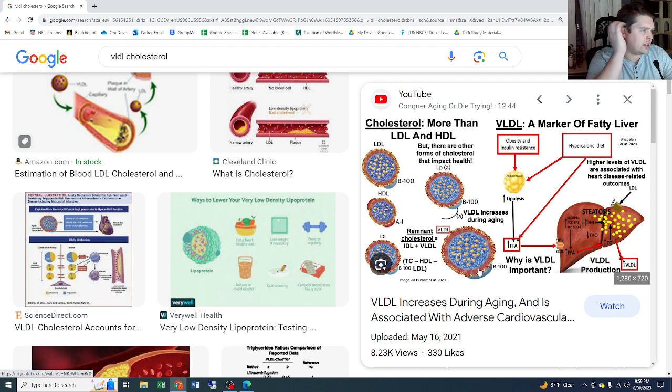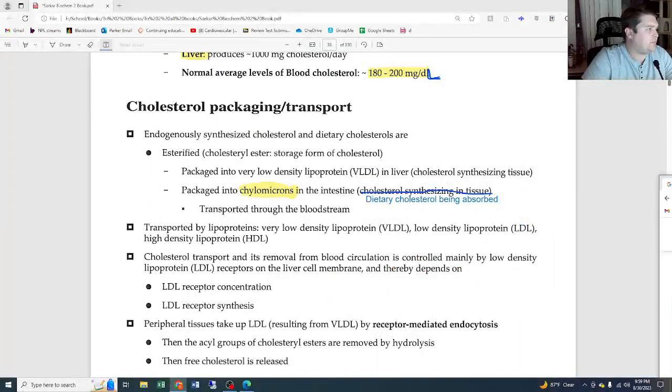They'll be held in the liver, and they'll be sent out into the body to drop off the cholesterol wherever the cholesterol needs to be. And as it drops off cholesterol, the density of that lipoprotein is going to change. And then we'll see the introduction of LDLs and HDLs. We'll get into those a little bit.